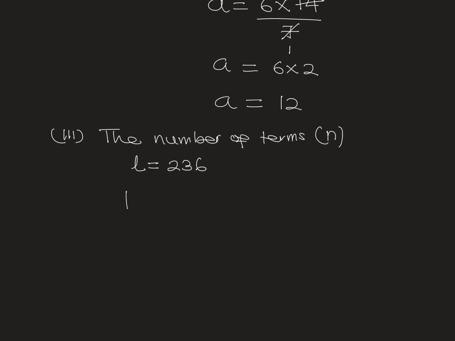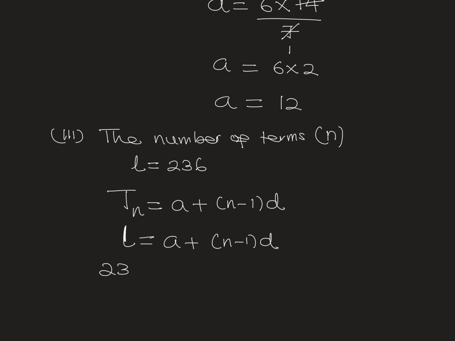Okay, so using T sub n is equal to A plus n minus 1 times the difference, the last term can also be A plus n minus 1 times the difference. The last term is giving us 236.